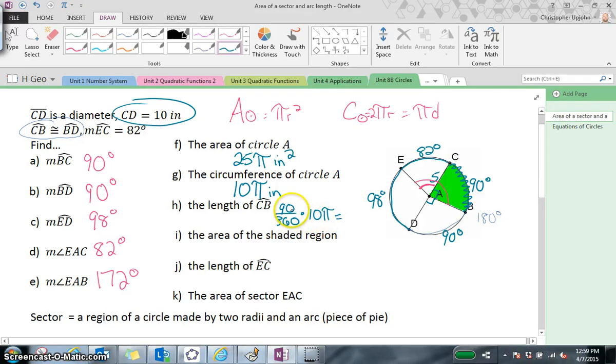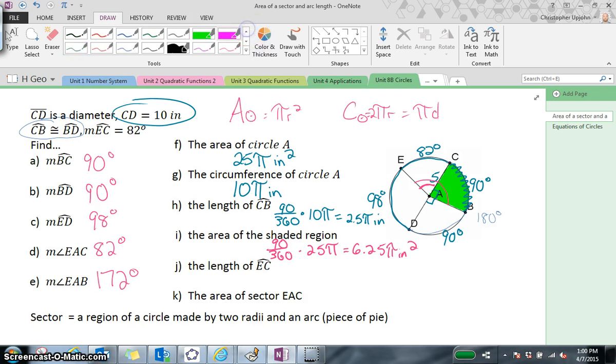So really it turns into 1/4 times 10, 2.5 pi inches. Area of the shaded region, this green, it's the same idea, 90 out of 360. However, now we're dealing with area, so it's the arc measure, 90, divided by the total number of degrees, 360, times the area of the circle, it's 6.25 pi inches squared.